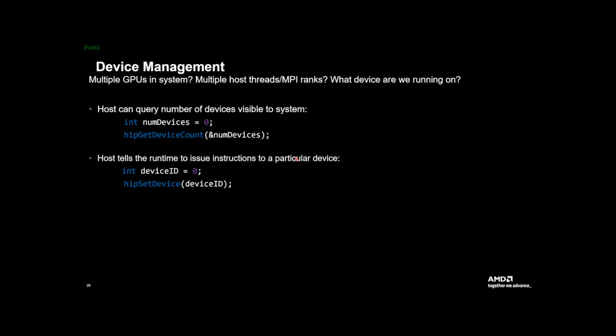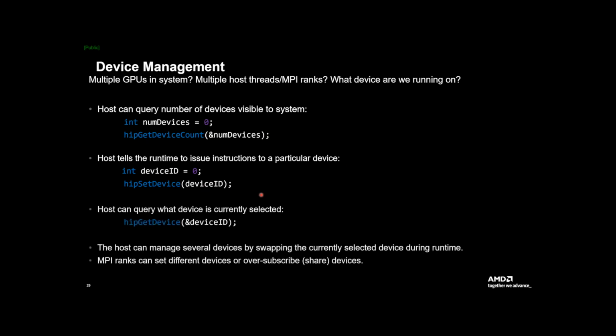The host tells the runtime to issue instructions to a particular device. So for device 0, hipSetDevice, this one says use GPU 0. It can be 1, 2, and tomorrow I will mention the architecture of the MI250. It can be seen as 2 GPUs, so you have plenty of them per node.